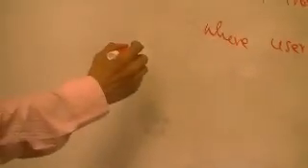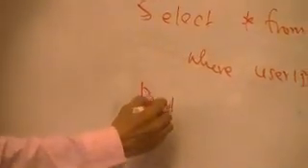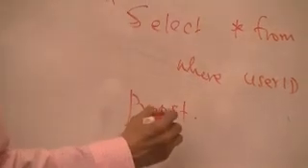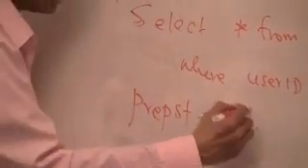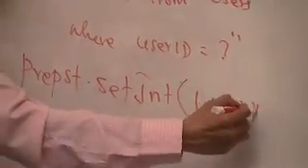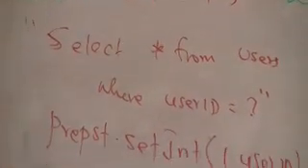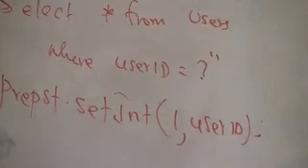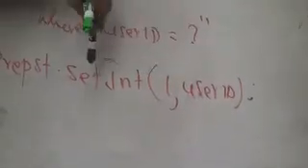So now I can say prepared statement set int 1 comma user ID. So this will indicate the input that you are expecting from the user and embedded into this query, like here the first input is supposed to be an integer.